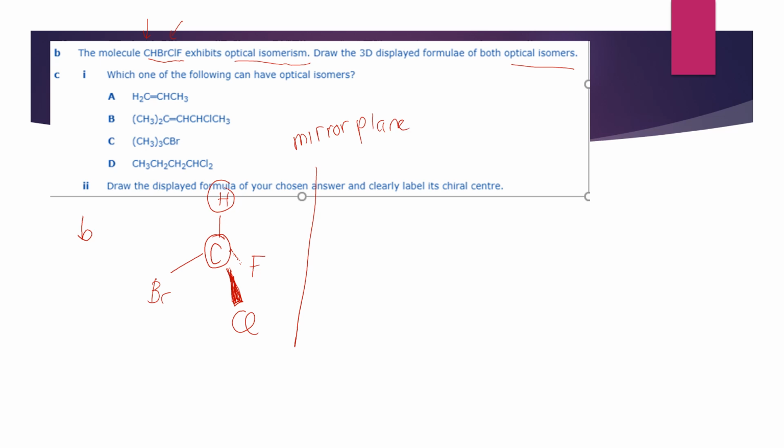Then the second isomer is the image of the first isomer. So when this substance faces the mirror plane, then it has the image of carbon, and then the image of F in here, the image of Cl like this.